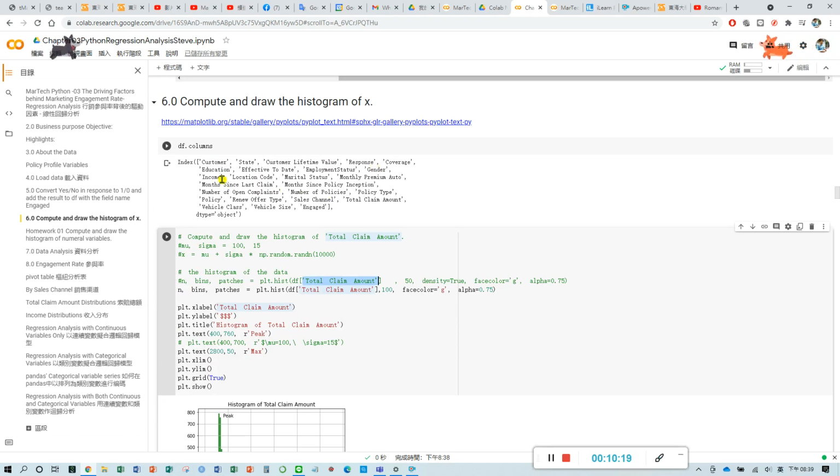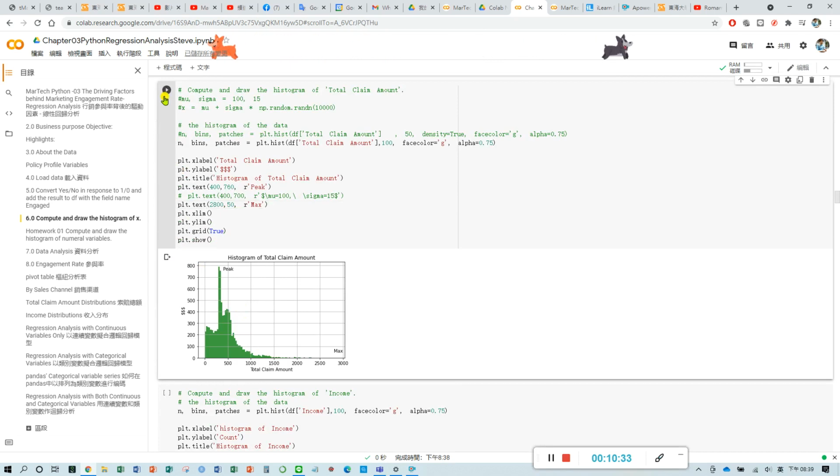If there is an age for your customers, you may show the histogram for your customer age. Okay, so we got this diagram for total claim amount.